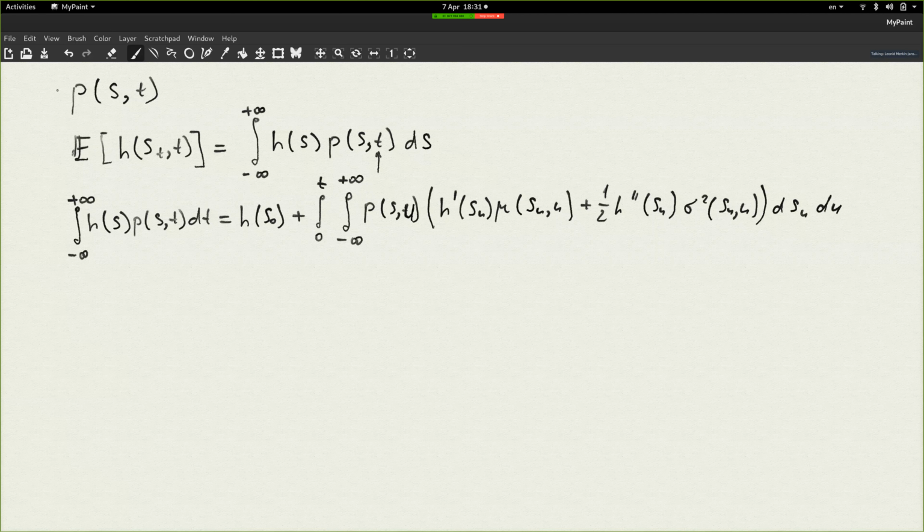Let us evaluate these horribly looking integrals. There are two of them. Let me denote the first one by I1 and the second one by I2.